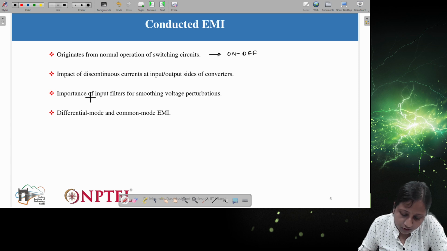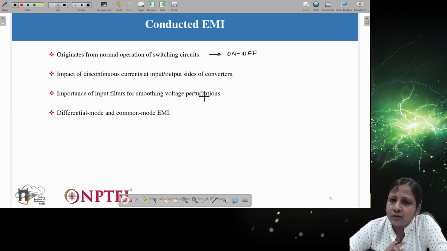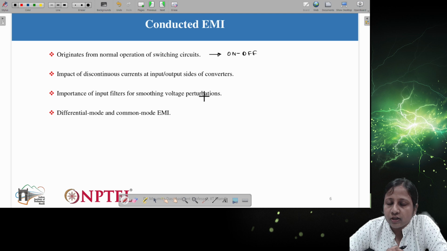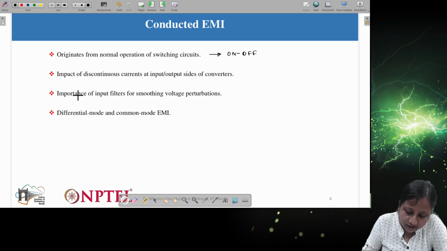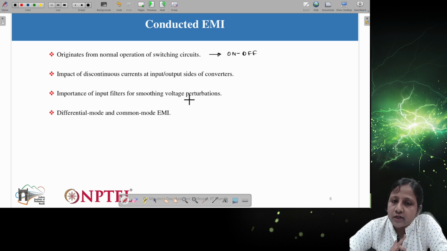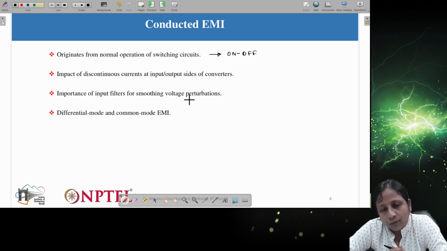Then it is important to connect filters to smoothen the voltage perturbation. Generally, if you see any converter input, there is a filter capacitor present. The reason is that this input capacitor smoothens the voltage perturbation due to the switching transient of the converter operation.